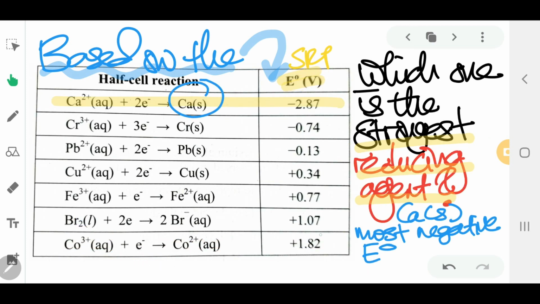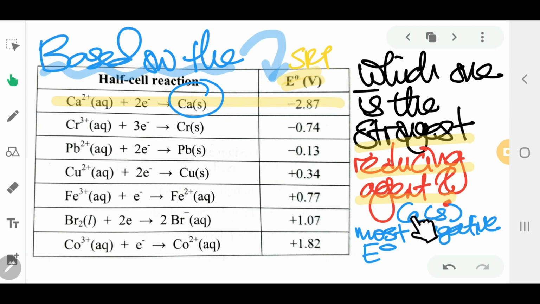The reason why we write Ca solid, calcium solid, as the answer over here is because we want to find the strongest reducing agent. A reducing agent is getting oxidized, and oxidation is losing of electrons. So calcium will need to lose the electrons.